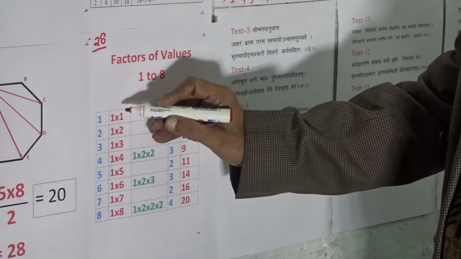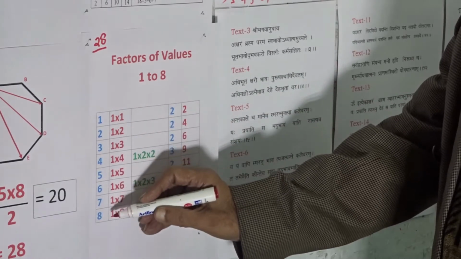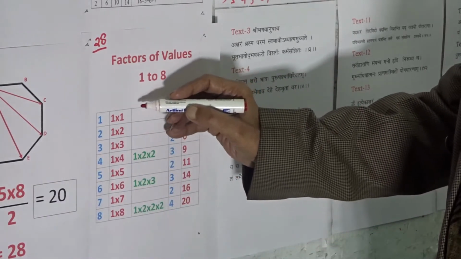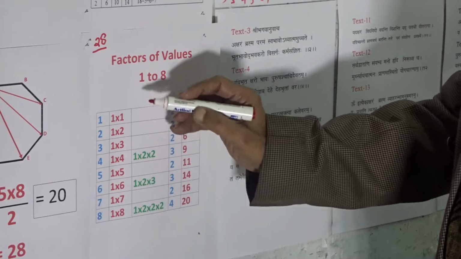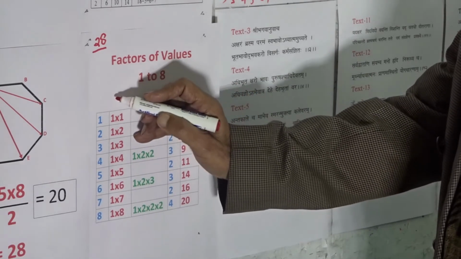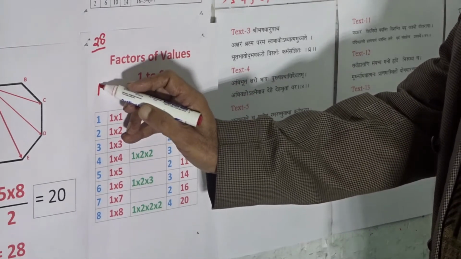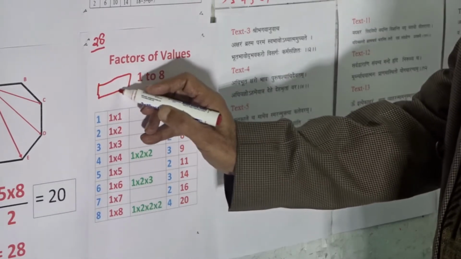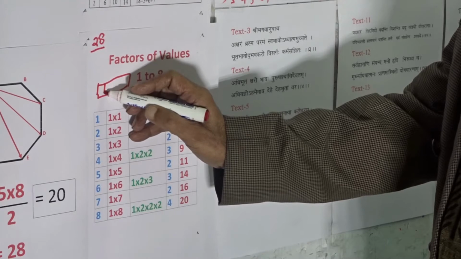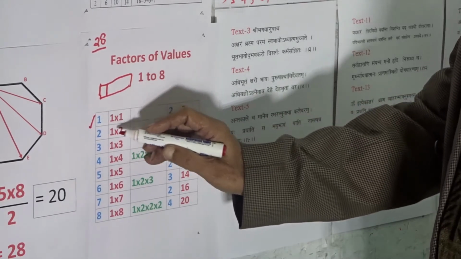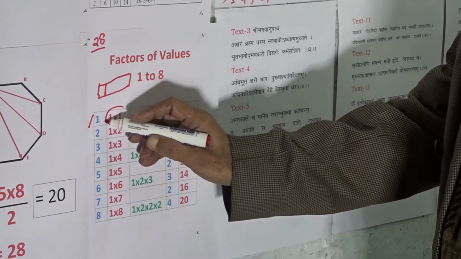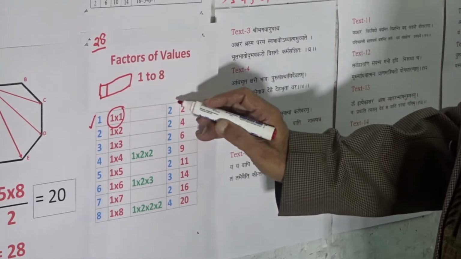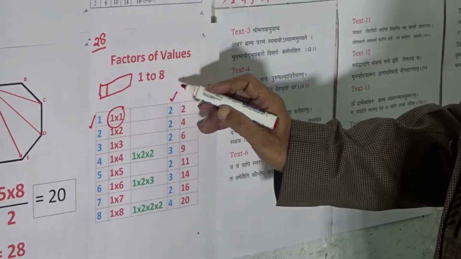If we have a values range 1 to 8 and if we reach the factors in a spatial order, then value 1 will be of organization 1 cross 1 leading to 2 factors.